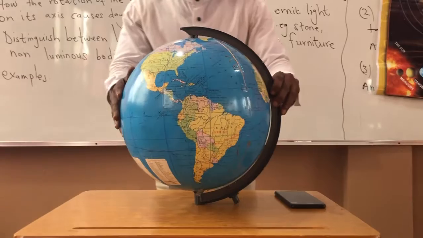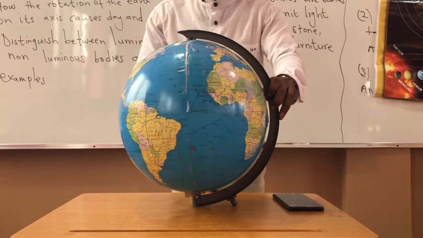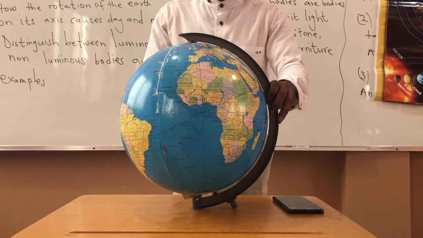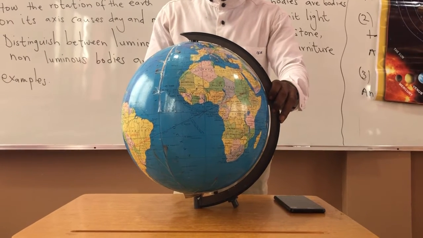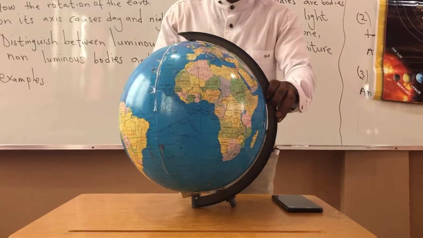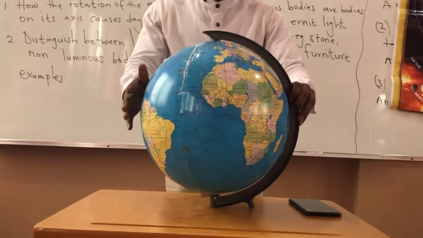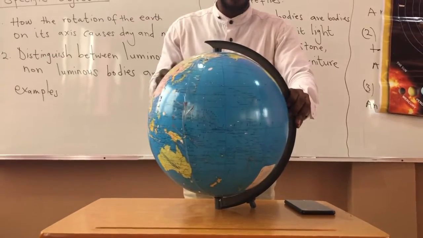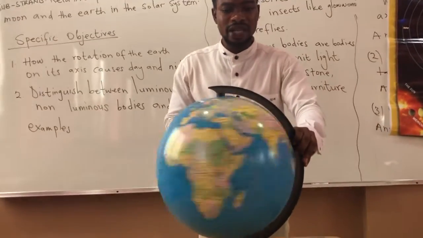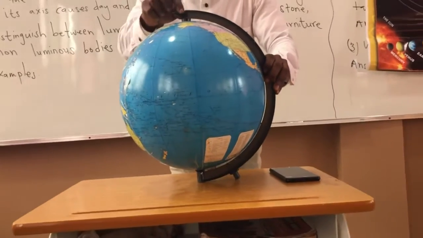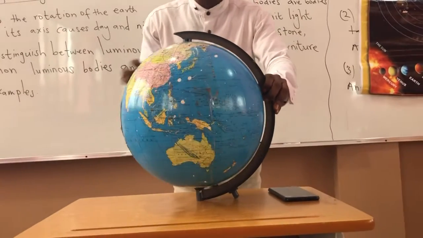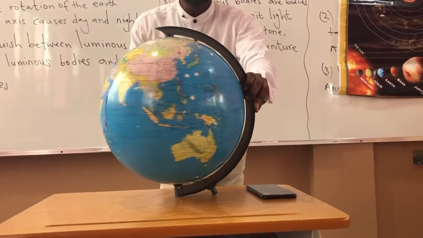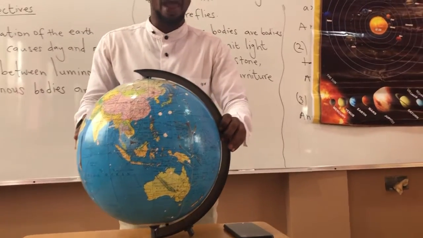And we say that the earth revolves around the sun and also rotates on its axis. But today we shall look at how the earth rotates on its axis. When the earth rotates on its axis, it causes day and night.